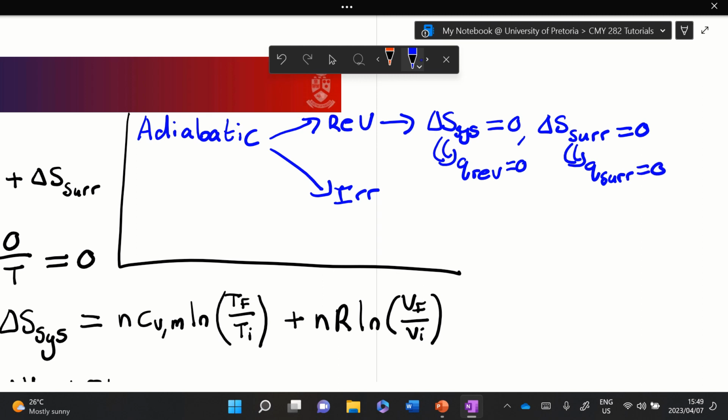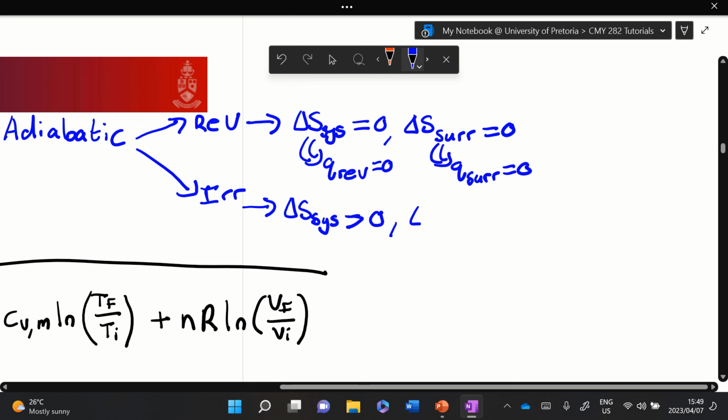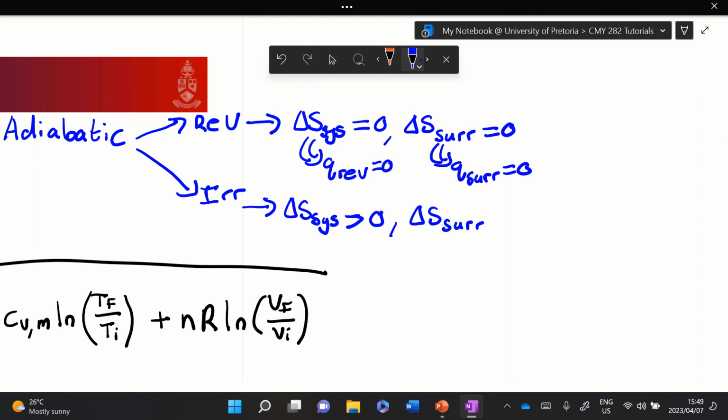Irreversible means that delta S system is larger than 0 and delta S surroundings is still 0. Why? Because Q surroundings is still 0. Okay, so in both cases it's adiabatic, the entropy change of your surroundings is 0, but the system one changes.